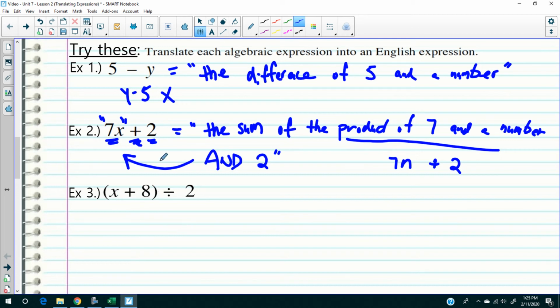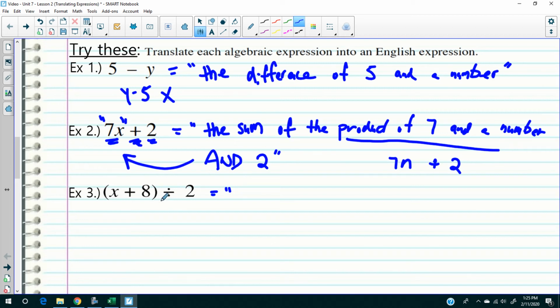All right, last one. This one's tough because the question is, how do you write this English sentence in such a way that the parentheses is spoken without having to spell it out for the person? Meaning you can't say "in parentheses." How do you do that? Okay, this is tough.